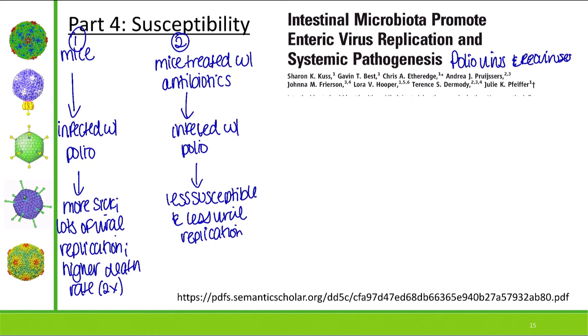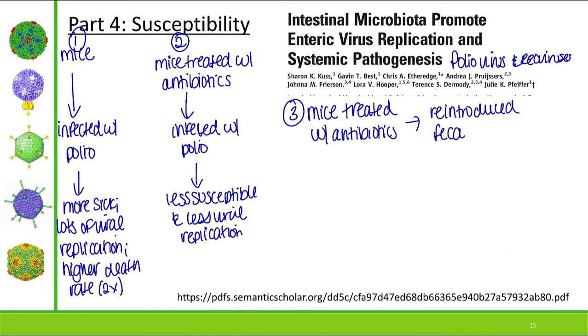So then what they did was, okay, well, what happens if you take these mice that were less susceptible, had less viral replication because they were treated with antibiotics, and you reintroduce fecal bacteria? So they took mice treated with the antibiotics, and then they reintroduced fecal bacteria. And we actually do this for patients that have very severe cases of C. diff.